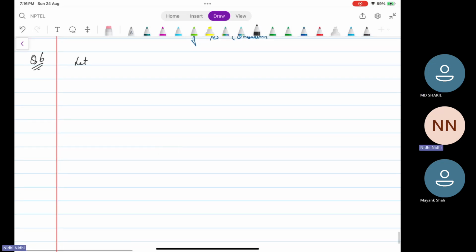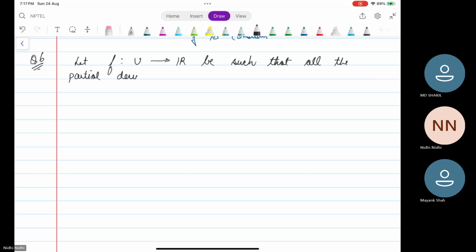Let f from U to R be such that all the partial derivatives exist and are bounded.